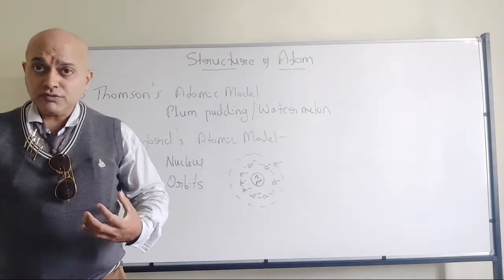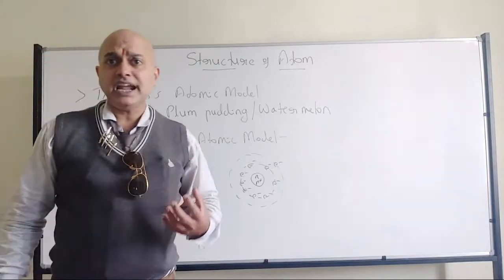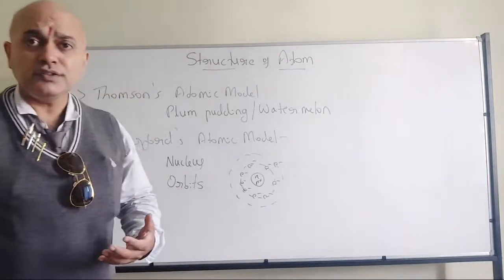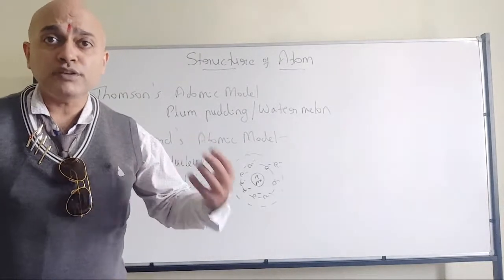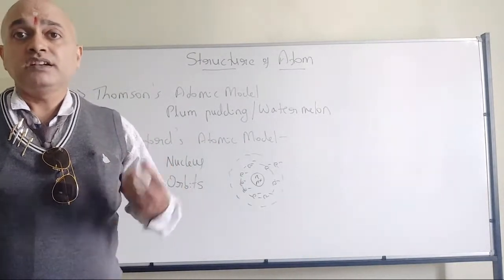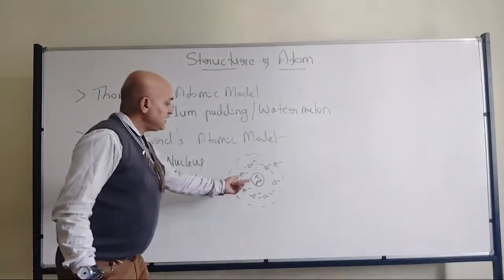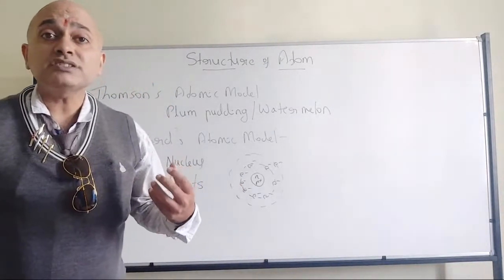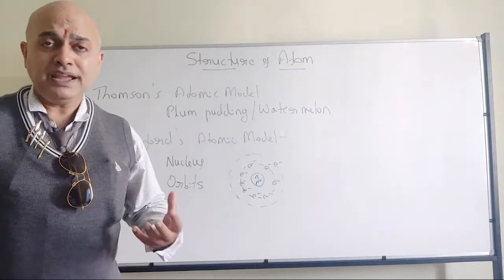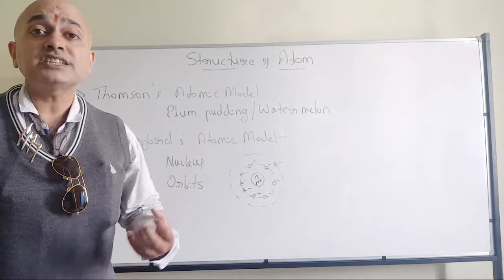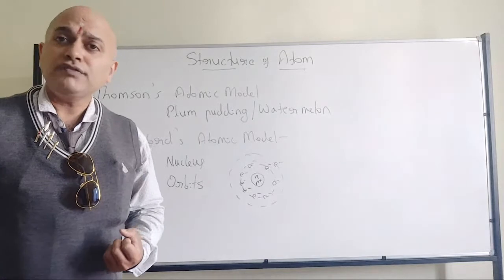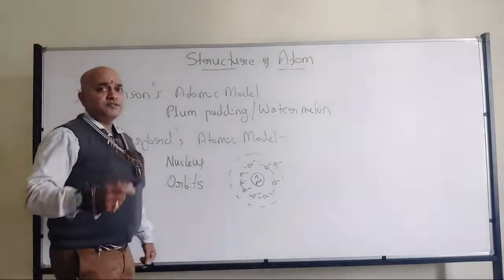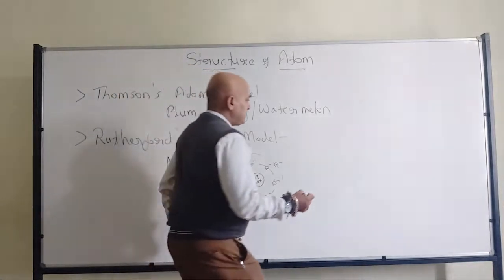Even Thomson knew there is a positive and negative part, equal in amount, and Rutherford also knew that. So he told that the positive and negative parts will be held together by electrostatic force. All of you have understood? So what do you mean by electrostatic force? In physics you might be studying this one, or you might have studied.